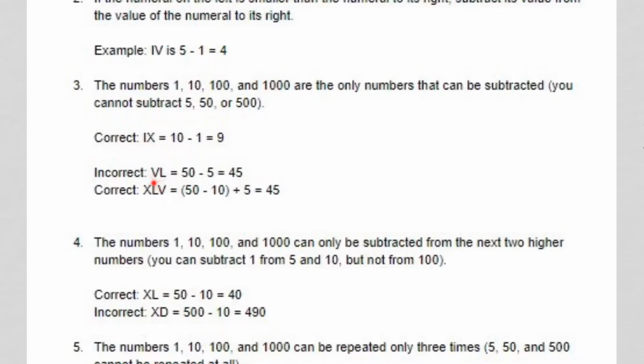You cannot put a V in front of an L to try to get 45. This is incorrect. The correct version would be putting an X in front of an L, which is 50, so you're taking 10 away from 50, so 50 minus 10 is 40, plus this 5, it's going to give you 45. Okay?